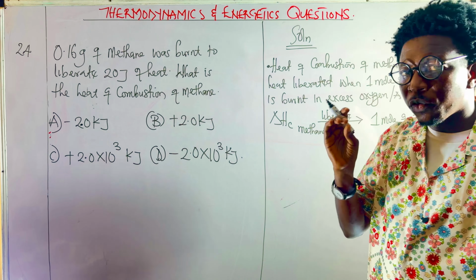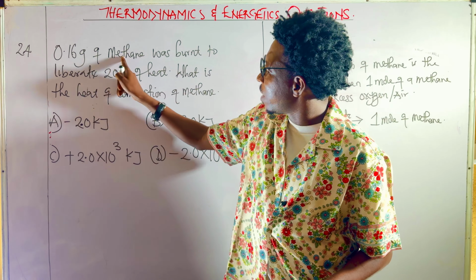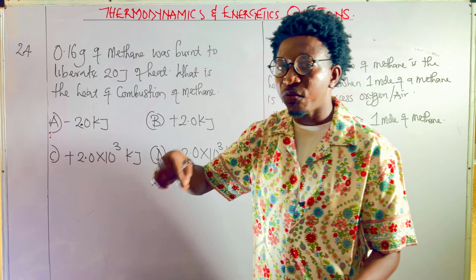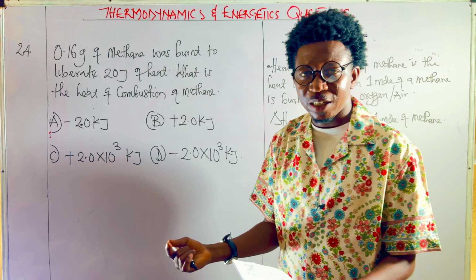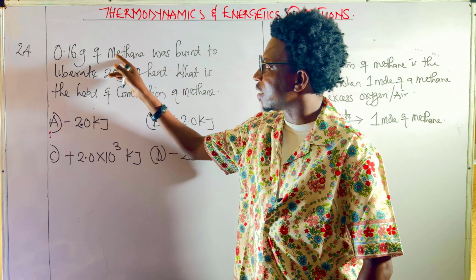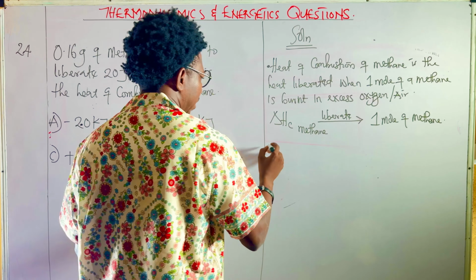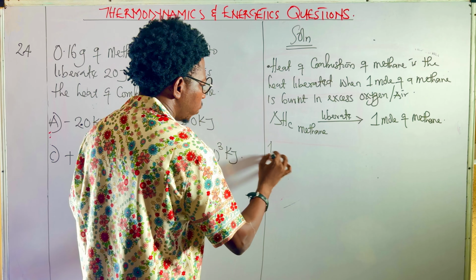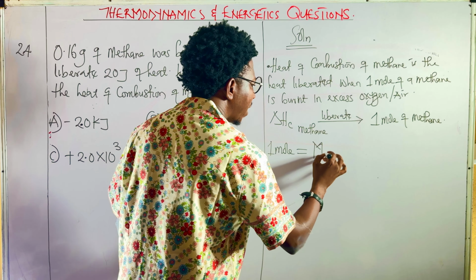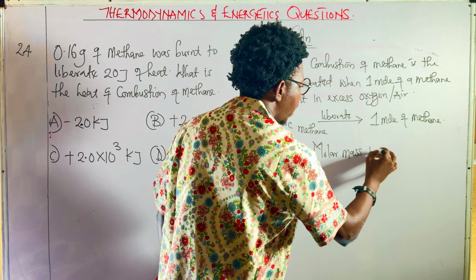Now, we cannot solve with 1 mole, because the amount of methane given to us is expressed in grams. So we have to convert 1 mole of methane to mass, or we convert 0.16 gram of methane to mole. So what do we do? Now, 1 mole of a substance is equal to the molar mass of the substance in grams.